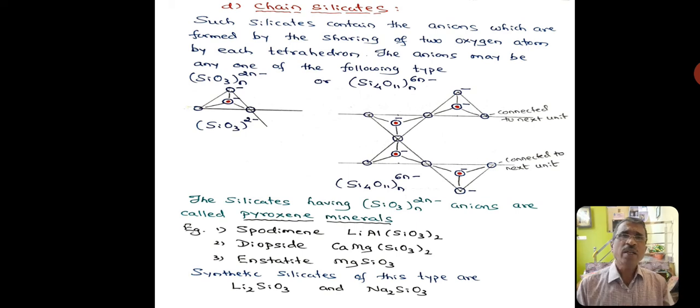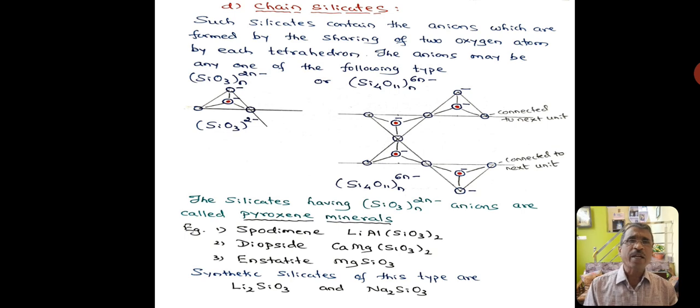The first one I have shown in the diagram is (SiO3)n, and its charge is 2n minus. Suppose n is 1, we have SiO3. In this SiO3, two oxygen atoms are used for the chain formation, and only the remaining 2 are left, and those 2 oxygens carry the minus charge. Hence SiO3 has 2 minus charge.